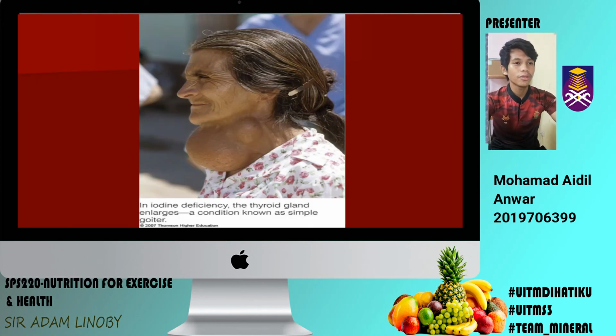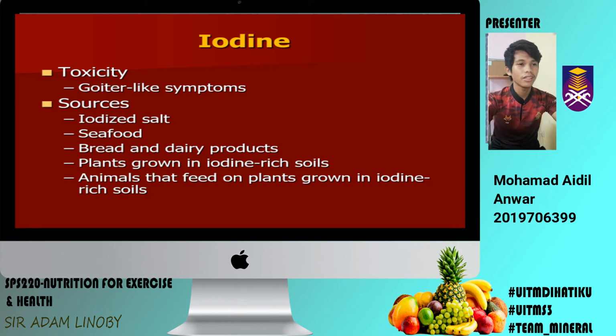This diagram shows the thyroid gland enlarged due to iodine deficiency. In Malay, we call it beguk. Iodine toxicity will lead to goiter or similar symptoms.